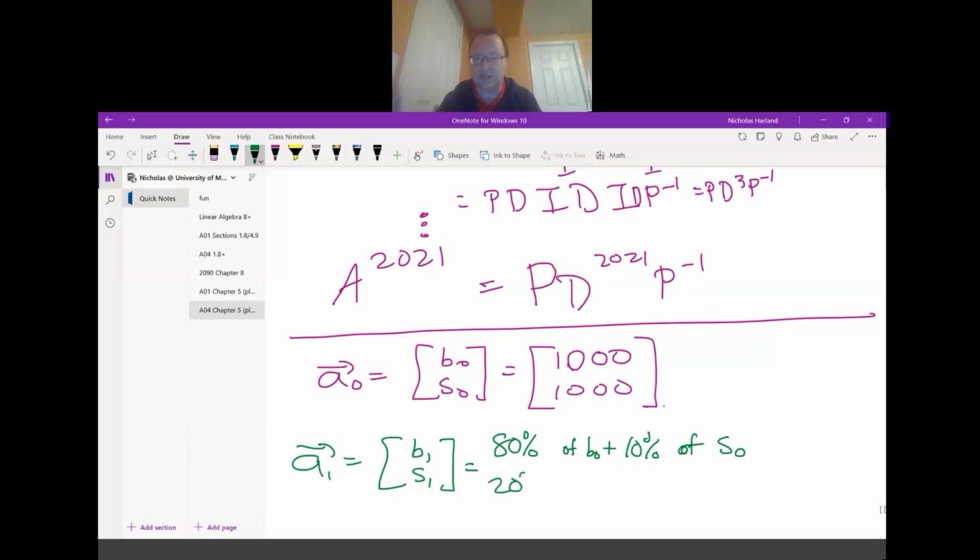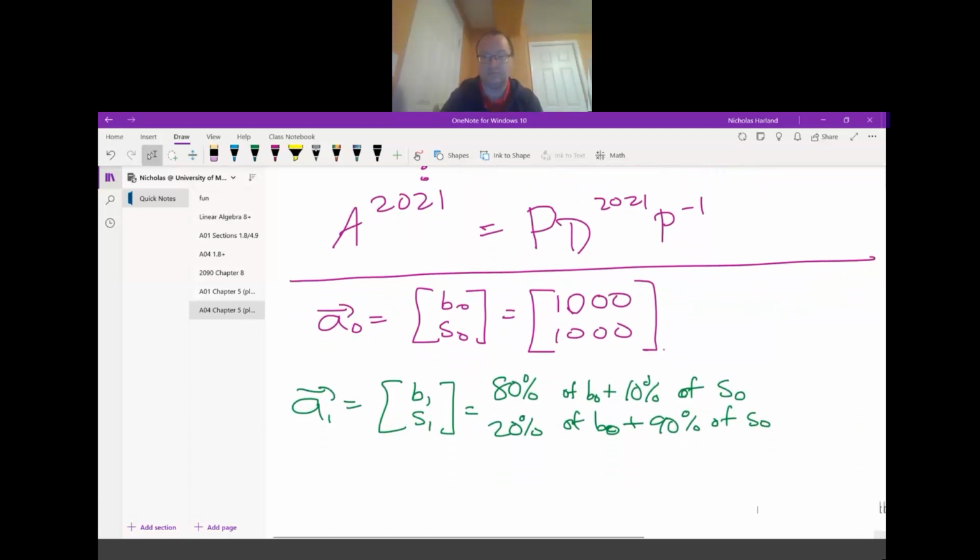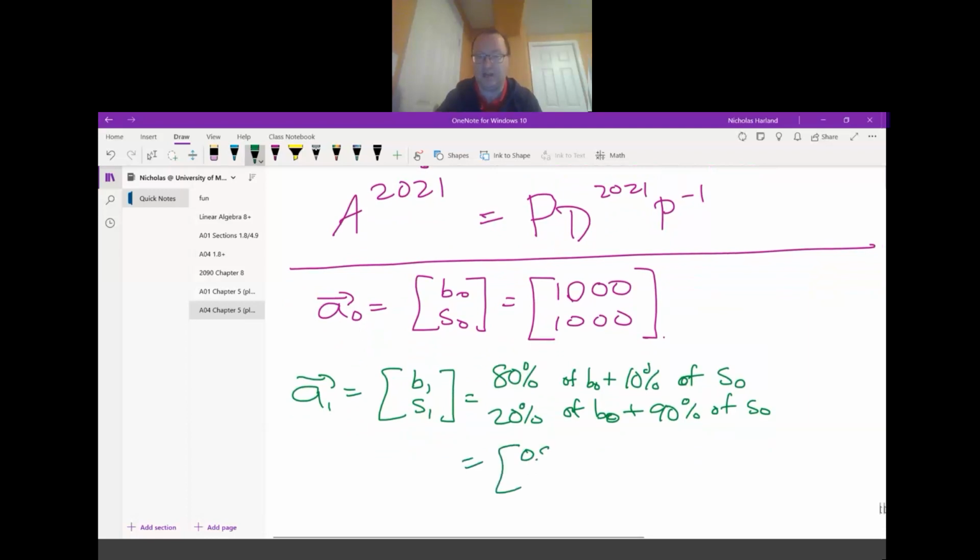So we're going to get 20% of Bell, B0, and we're not losing, I mean, we are losing 10%, but again, we're talking about how many Shaw is going to have, not how many Shaw is going to lose. So how much is Shaw going to have? All right, 90% of S0. In other words, 0.8 B0 plus 0.1 S0, 0.2 B0 plus 0.9 S0.